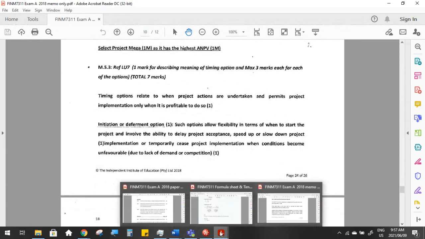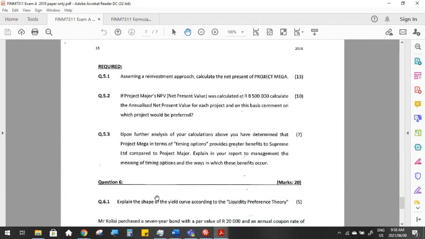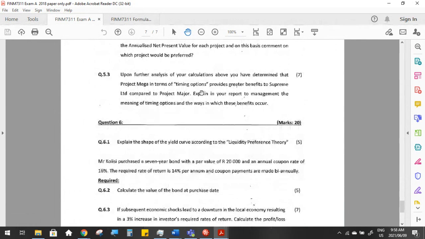And then there's a theory question. For 7 marks, upon further analysis of your calculations, you've determined that Project Mega, in terms of timing options, so remember options is one of the theory sections in Learning Unit 7, provides greater benefits compared to Major.